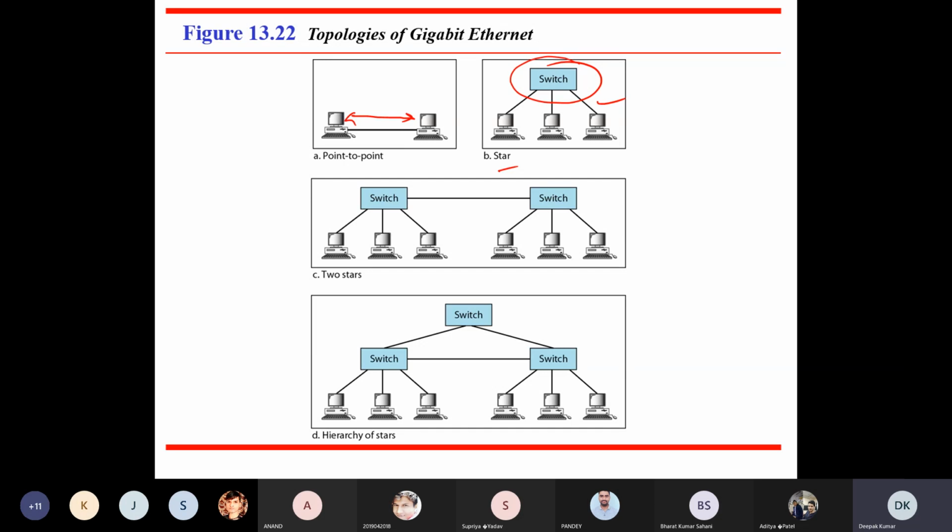A hierarchy of stars can be implemented so that the maximum data rate can be achieved. This is important for Gigabit Ethernet.